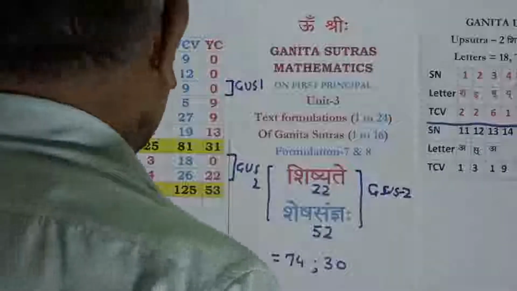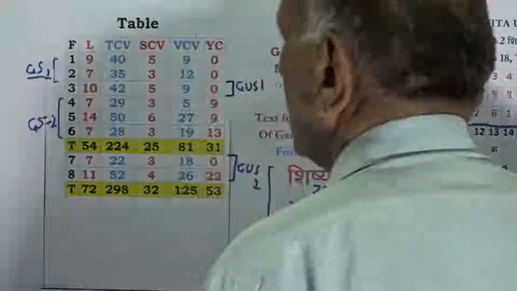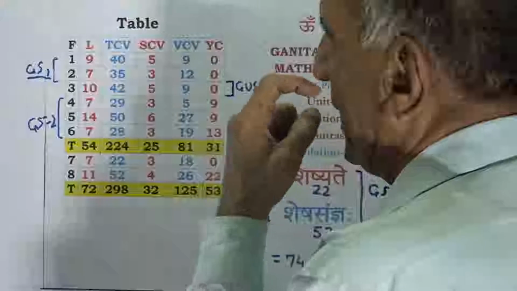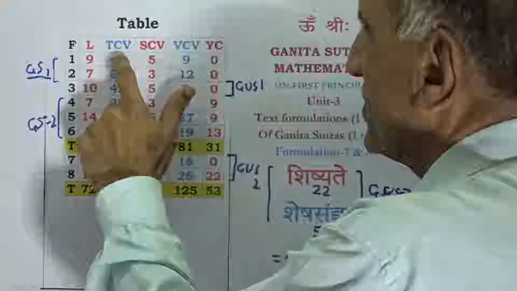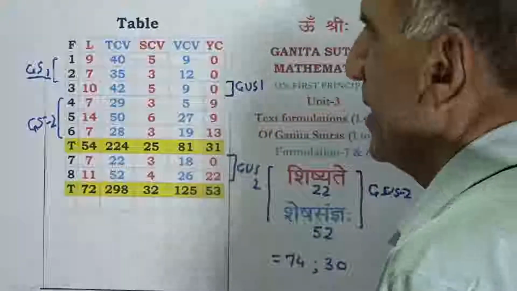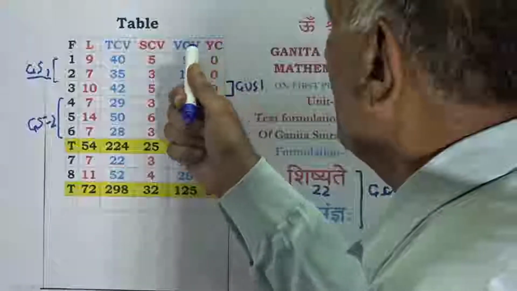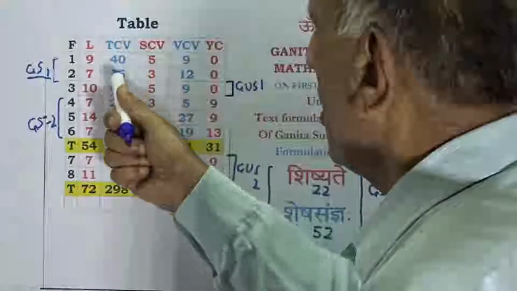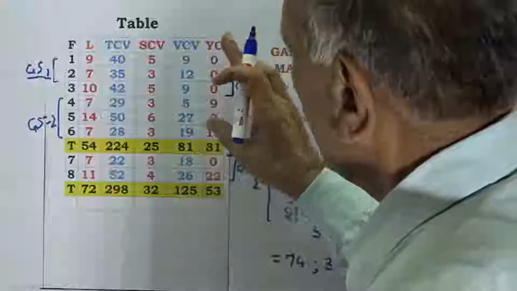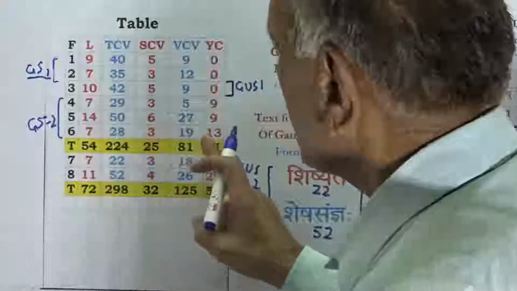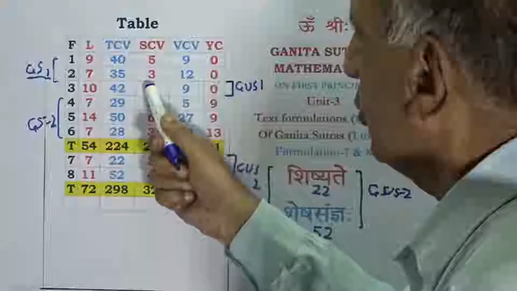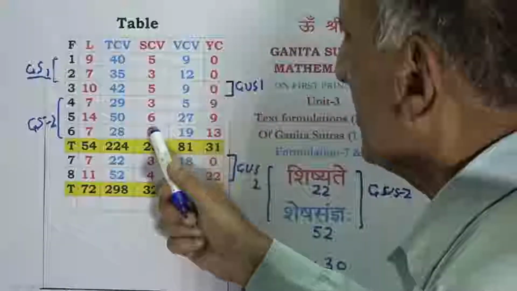Now, as we have been previously tabulating the information of features and values in terms of letters, TCV values, syllable code values, Vedic code values, and Yama code, these 5 flow streams of values attached with the formulations have been tabulated here as serial number 1 to 6 in respect of the first 6 formulations.